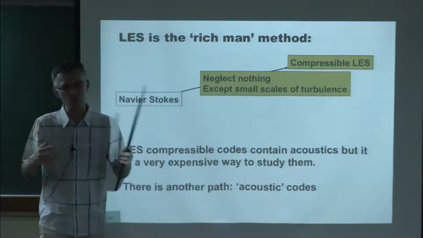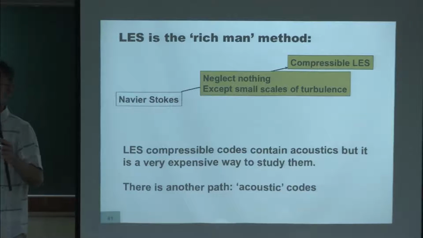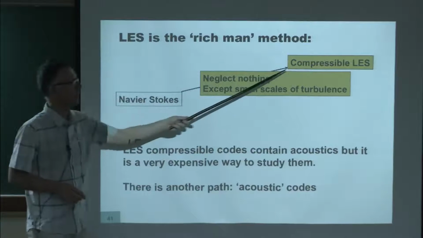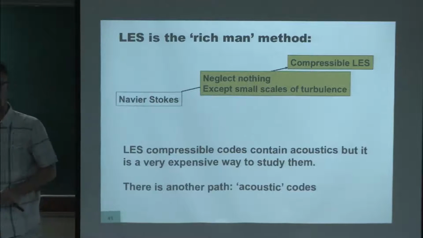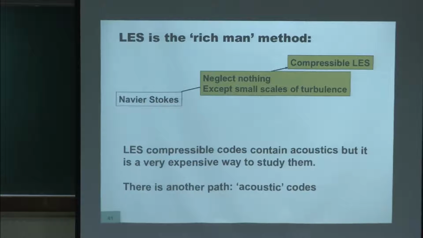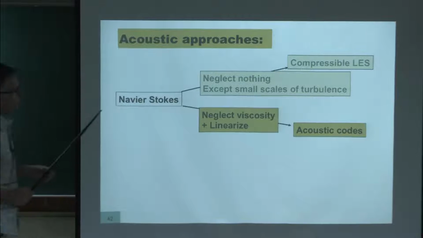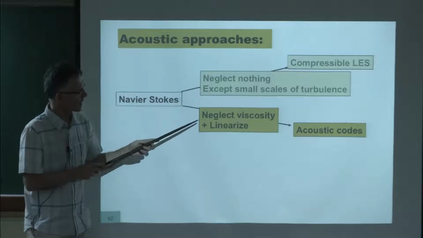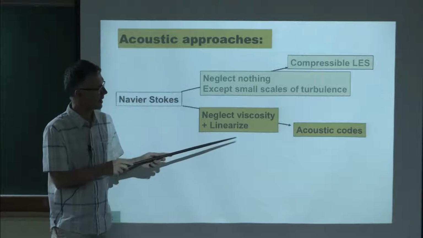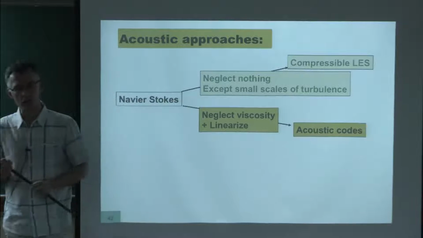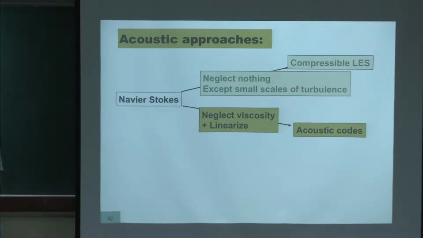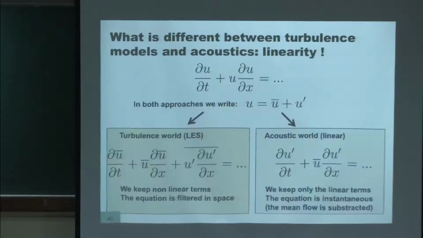If you neglect the small scales of turbulence, which are probably not that important for combustion instabilities, you can build a compressible LES code, and this code will predict combustion instabilities, and we have done it many times. But it's a very expensive way to do business. There's another way, which is to freeze the mean flow, neglect viscosity, and linearize, and then you will find what we call acoustic codes. Still a 3D code, but much faster than the turbulence codes.